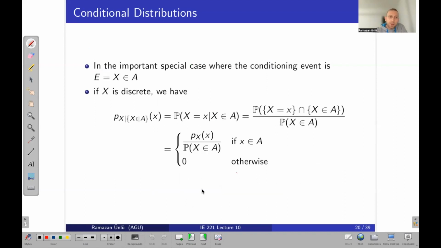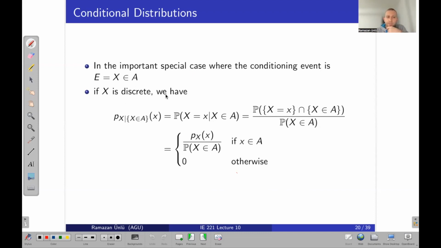But in the special case where E is defined as X is in A, meaning X takes some values from a set of numbers A, the things will be much simpler.